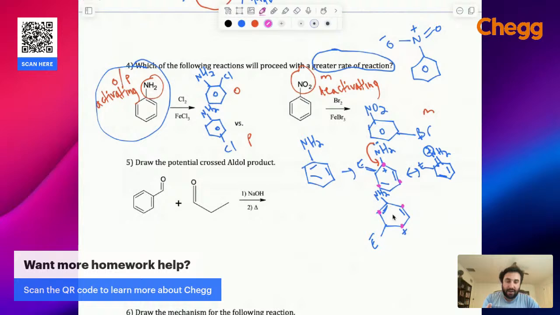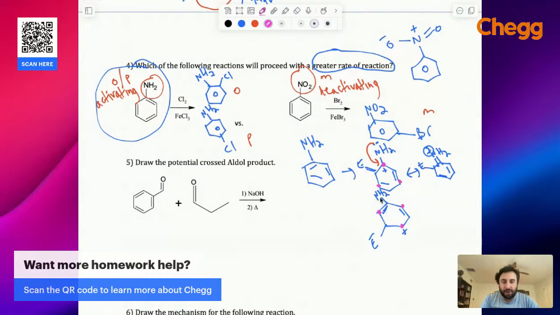Conversely, meta directors go meta not because they're stabilizing any intermediate, but instead, imagine NH2 here is NO2. With NO2, you'd have a positively charged nitrogen adjacent to a positively charged carbon. That's extremely unfavorable, right? You don't want adjacent positive charges. They're further destabilizing one another. So meta directors go meta not because it's a stabilizing pathway, but because it's the least destabilizing pathway.